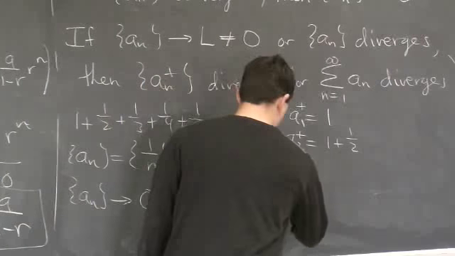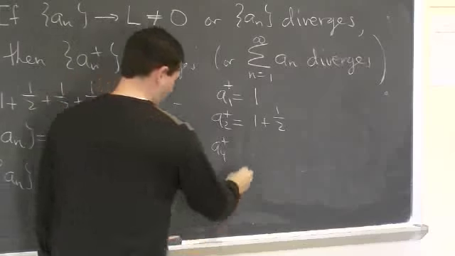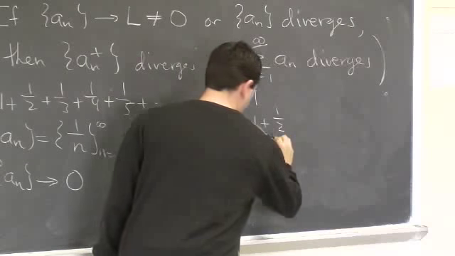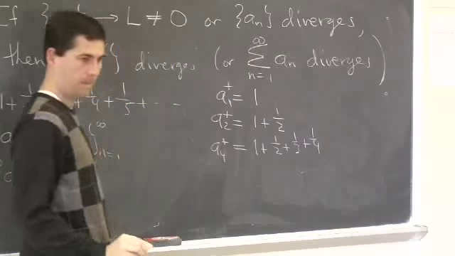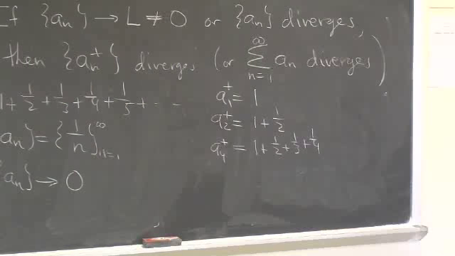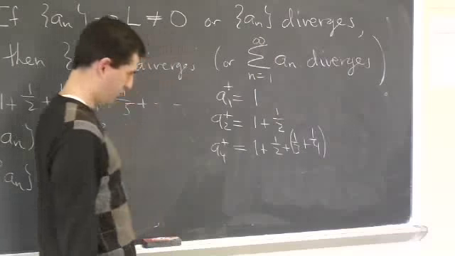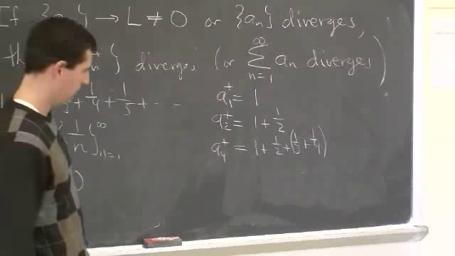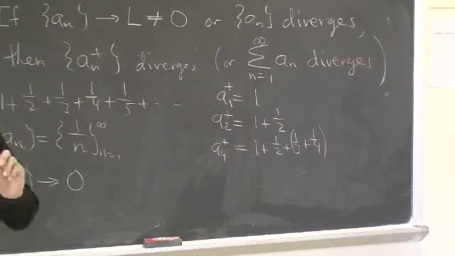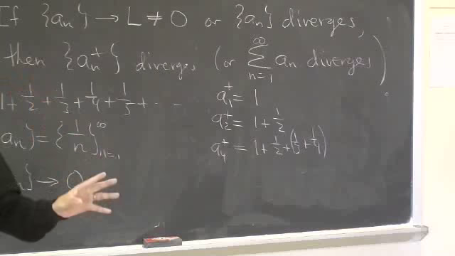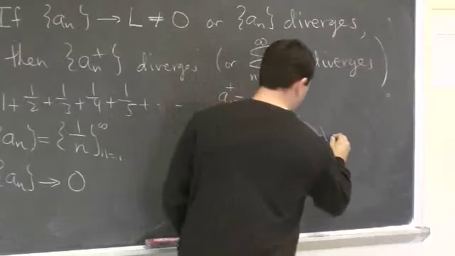Let's skip a term and go to A_4, which is 1 plus a half plus a third plus a fourth. Let me pay special attention to these last two terms. Now a third, is that bigger or less than a fourth? Bigger. So if I replace it by a fourth, then my number is going to get smaller. So let me replace it by a fourth.